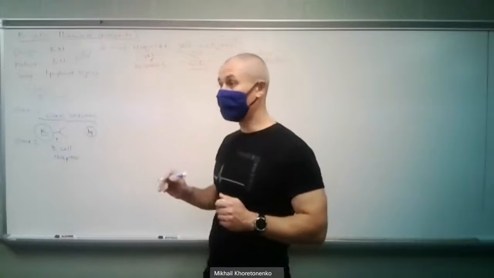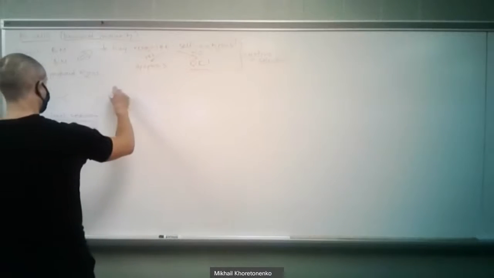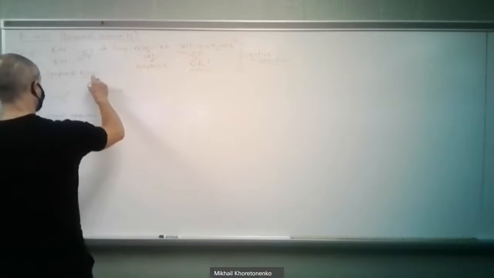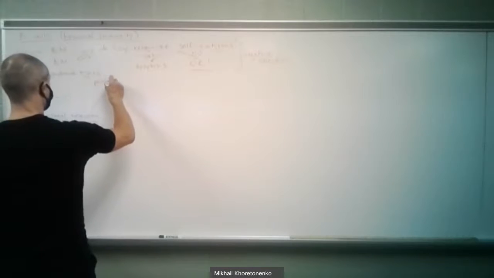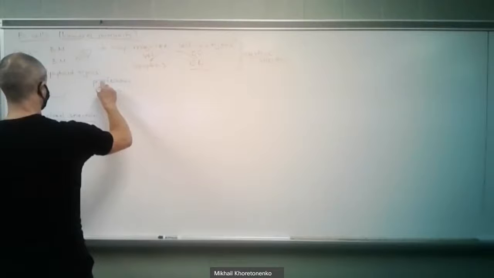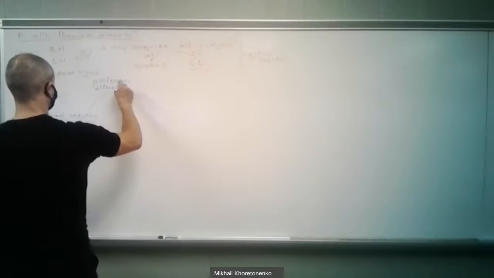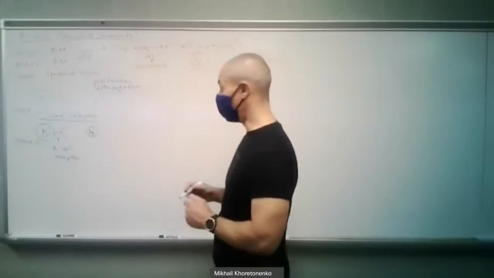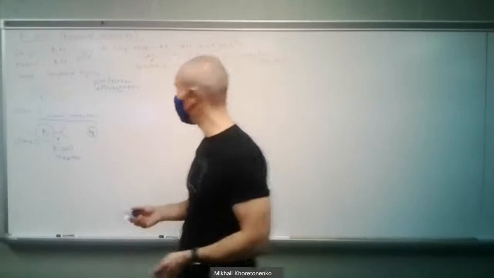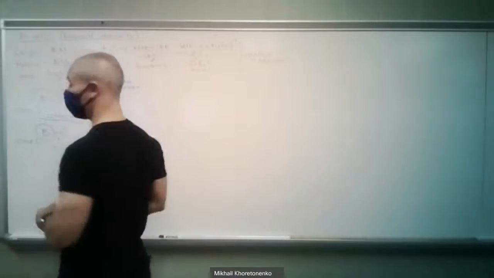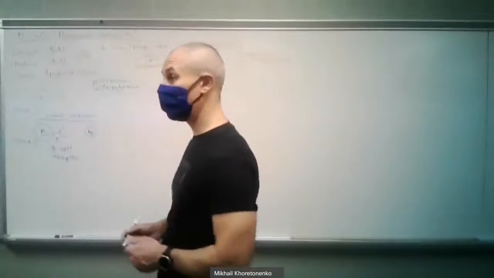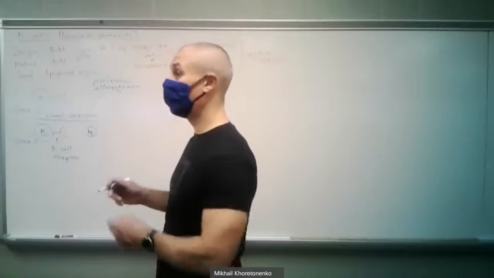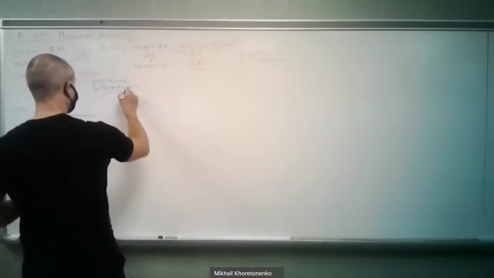Now, the result of that selection is that B cells proliferate and differentiate. So they divide and become more and more numerous, and they also differentiate. And what do they differentiate into? Two very specific populations.